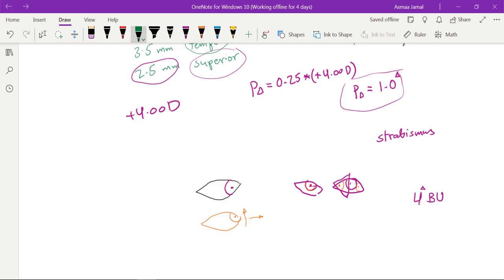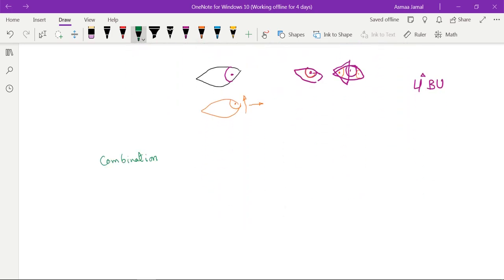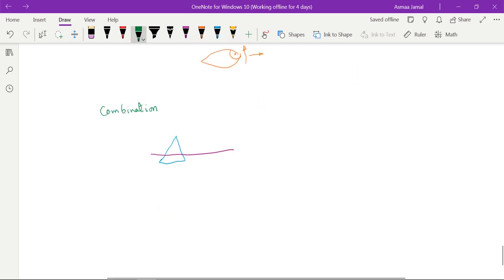So we need 2 prisms to fix that. So we will do a combination, which means we will use 2 prisms at the same time. So this is the prism, and that is our normal, and that's our amount of deviation. For measurement, let's say this is y, and this is the amount of deviation, which is x.